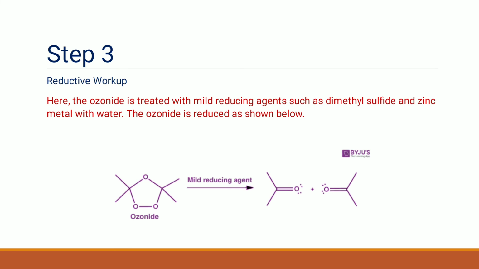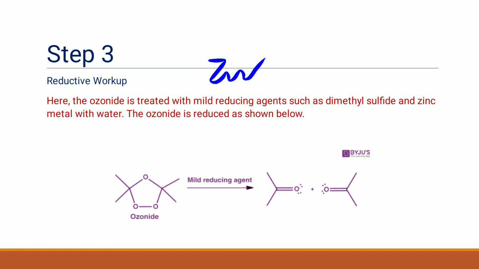In step number 3, the ozonide so formed will react with either an oxidizing agent or a reducing agent. In this step number 3, I have used reductive workup. Reductive workup means we are taking a reducing agent here, and in this reaction I am using zinc as the reducing agent.